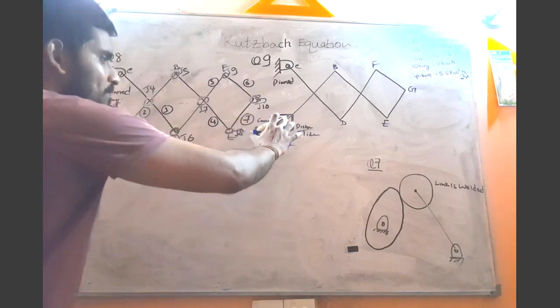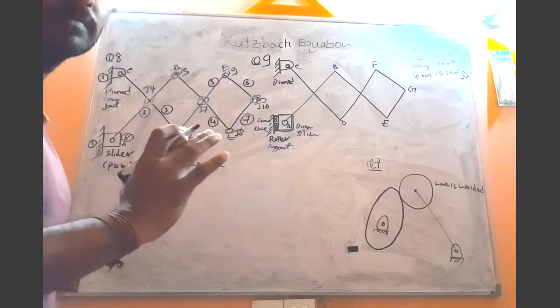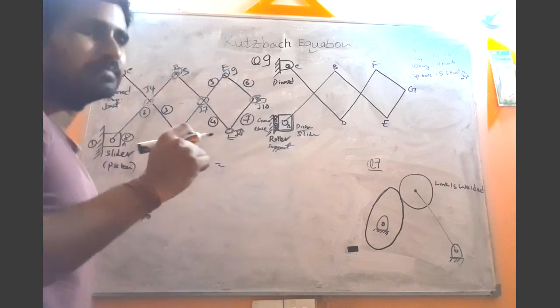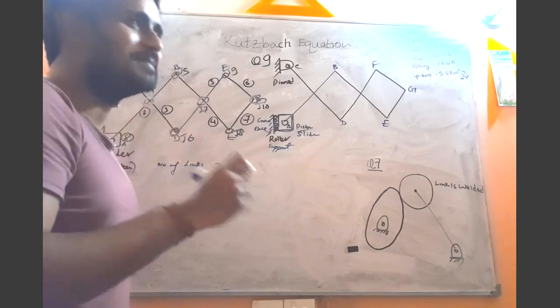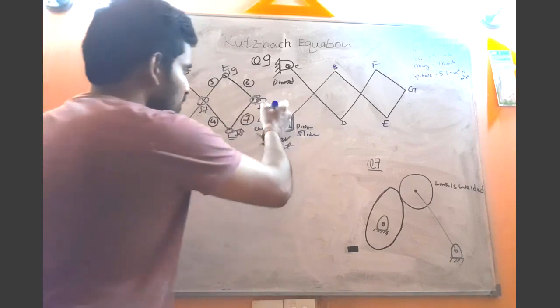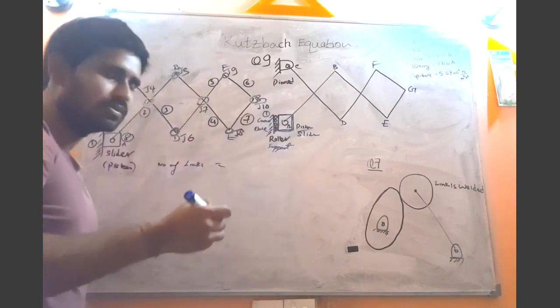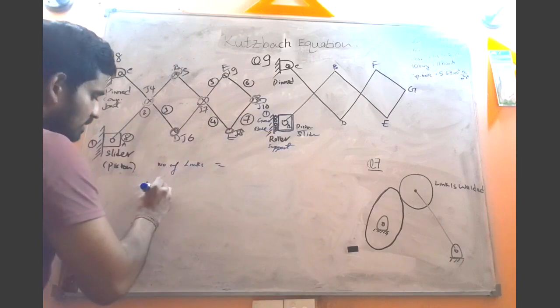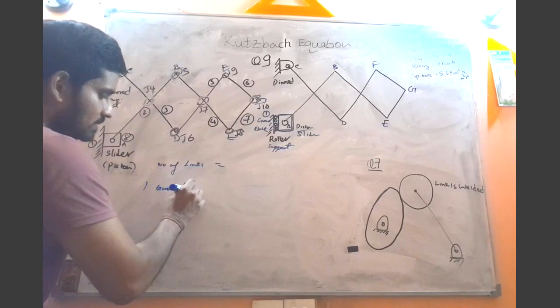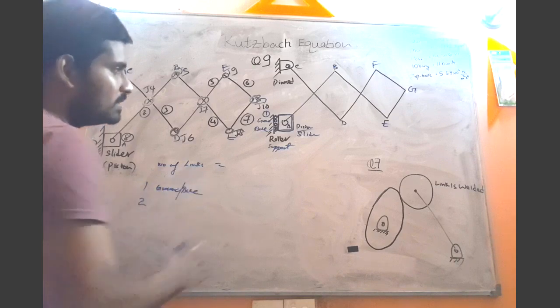This slider is one member, but before that, what is the first member that we are going to consider? The base, or the ground. So first we will give the label number 1 to the ground, or in other words the base. What is the second member? The piston.